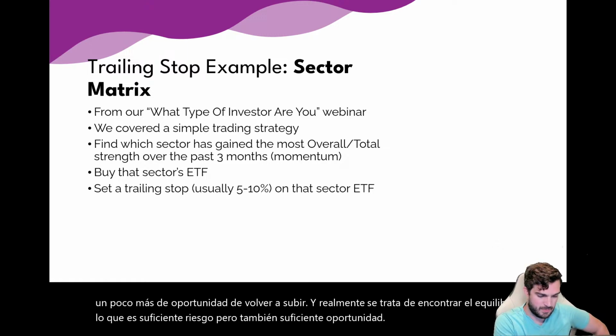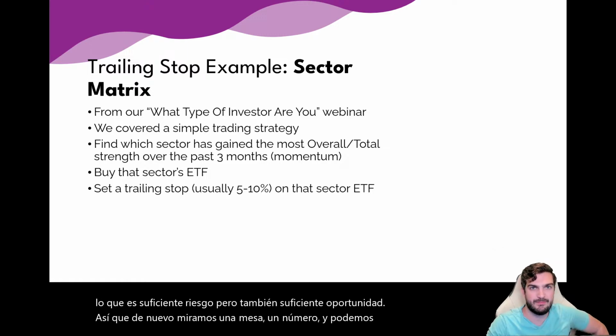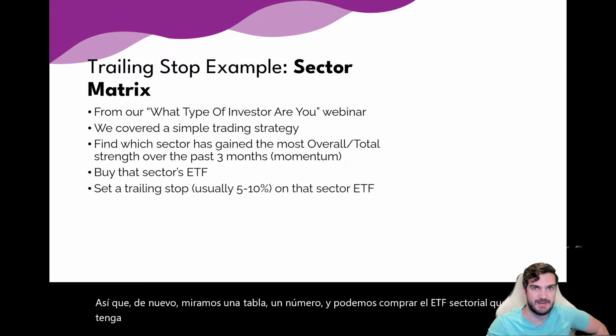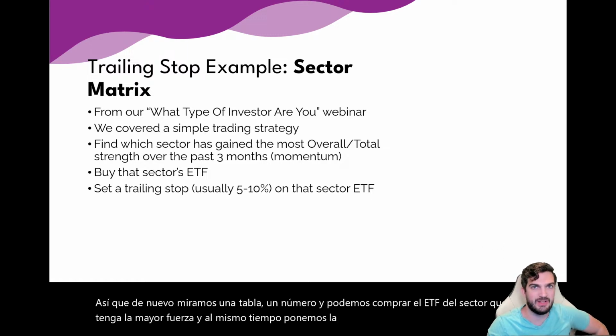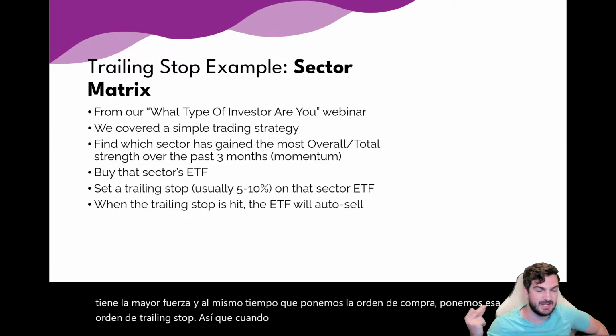So again, we look at one table, one number, and we can buy the sector ETF that has the highest strength. And at the exact same time we put in the order to buy, we put in that trailing stop order. So when the trailing stop is hit, that ETF is automatically sold.